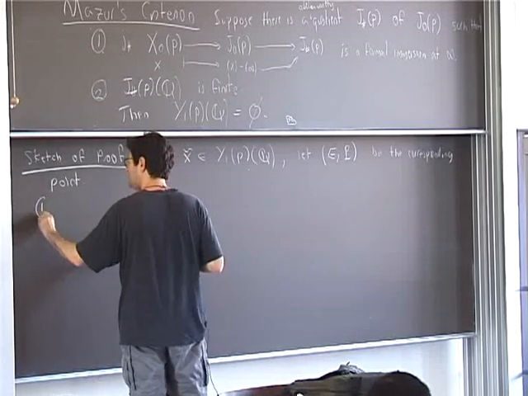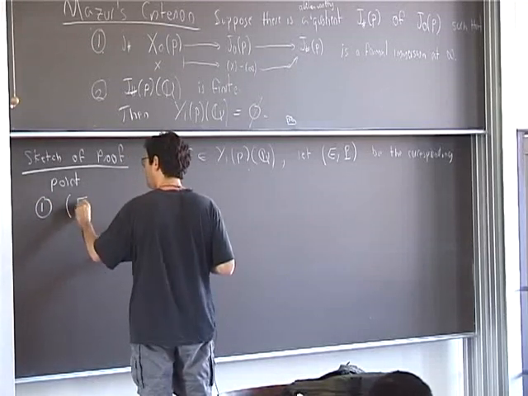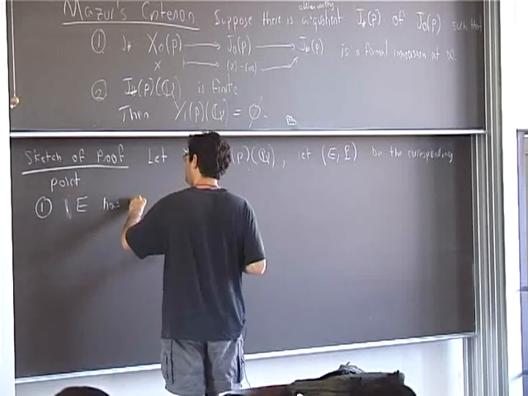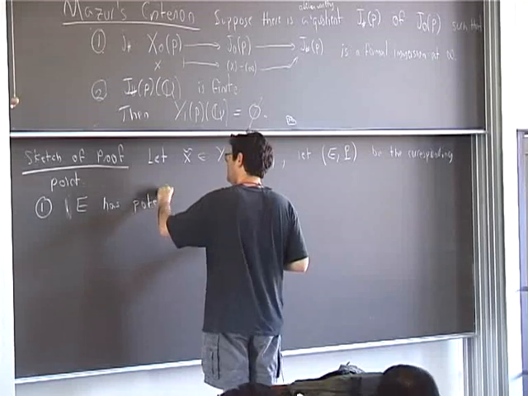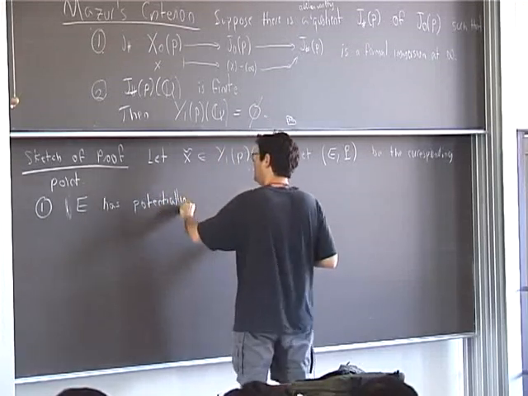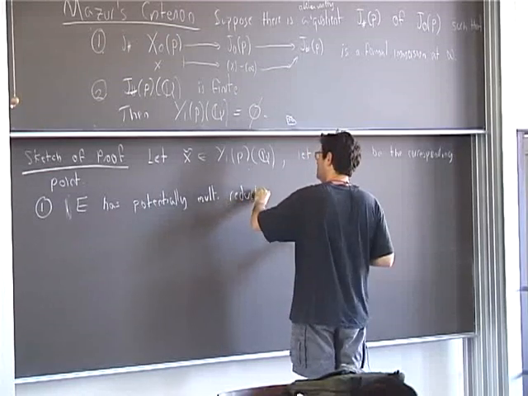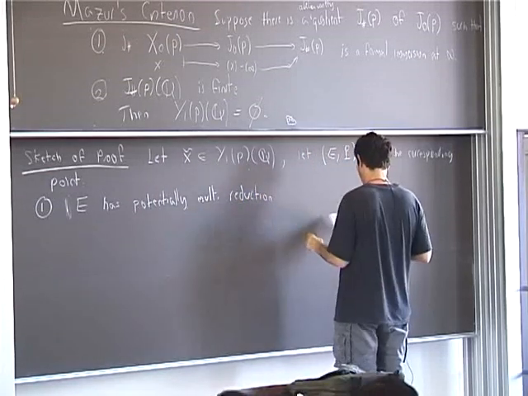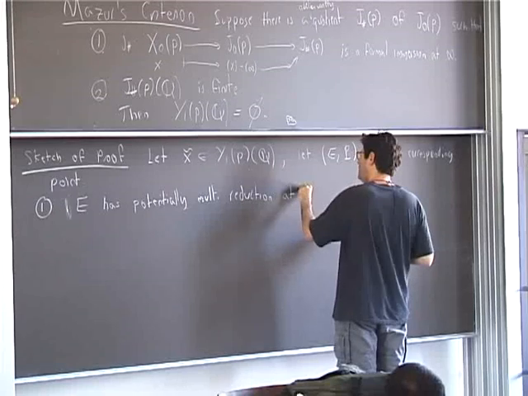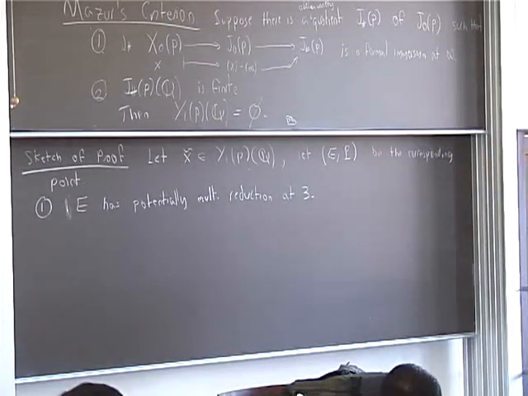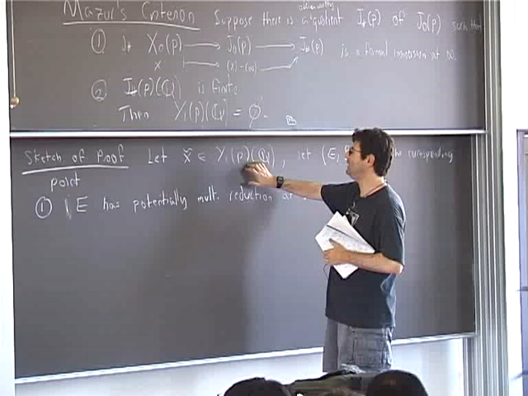The first thing we observe is that this elliptic curve E has potentially multiplicative reduction at the prime 3. I'm going to work with the prime 3. P is bigger than 3, so the curve Y1 of P has good reduction outside 3.